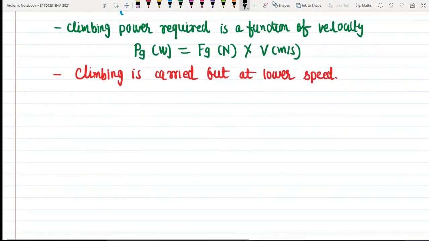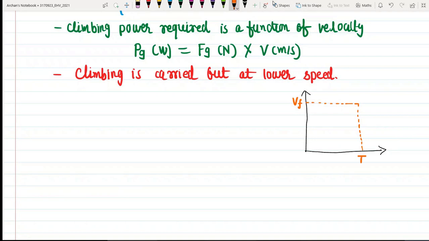Say the maximum speed is Vf and the time required is t.